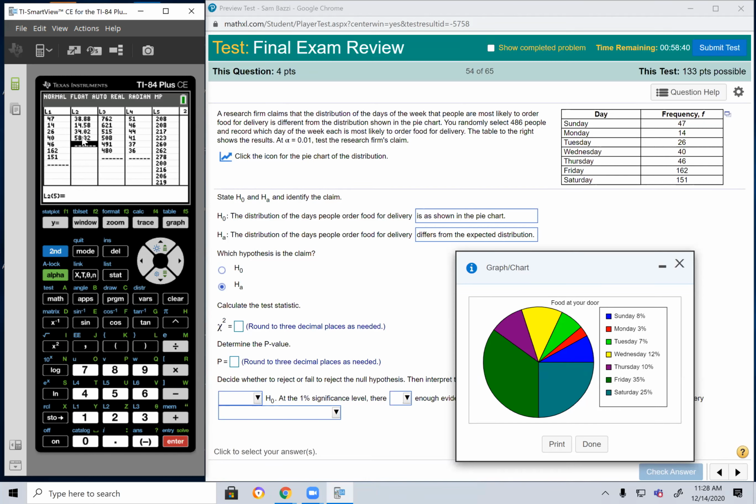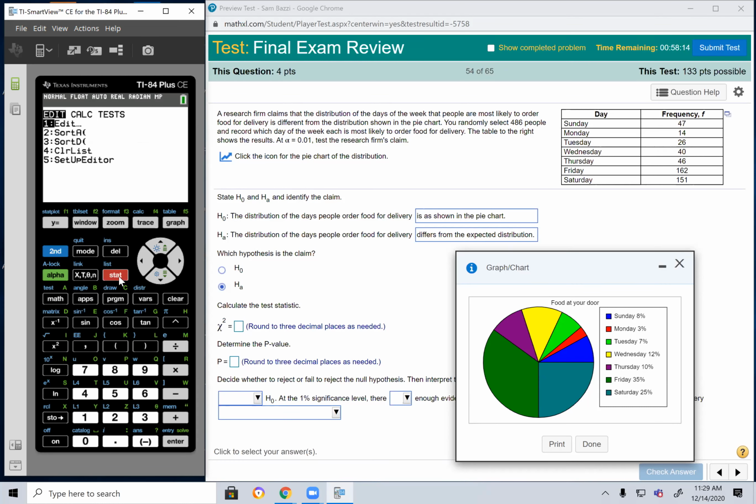For Thursday, it's 10%, 0.10 times 486. And two more, guys: 35%, 0.35 times 486. And the last one is 25%, 0.25 times 486. Once you do that, you're almost there.